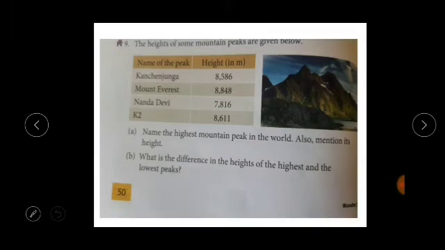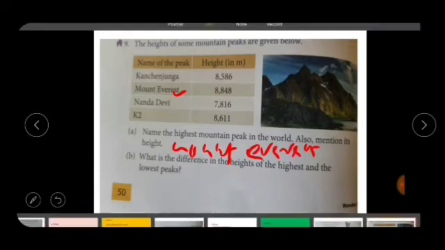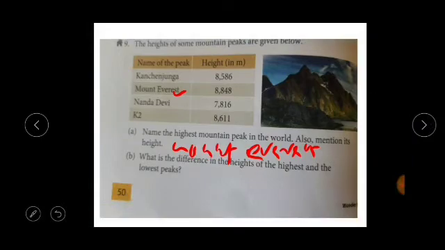Which is the highest mountain? Mount Everest. This one. Okay, Mount Everest. You have to write it. And its height also we have to write. Everest height is 8,848 meter, height in meter.